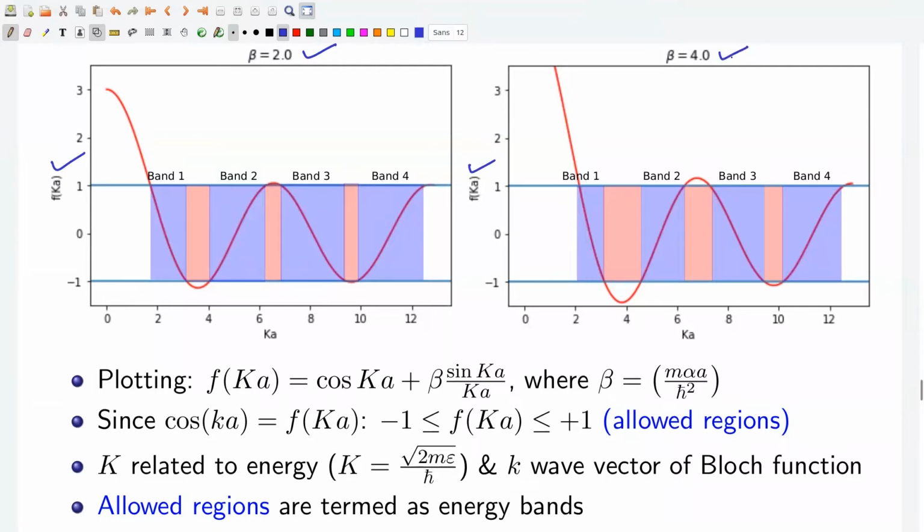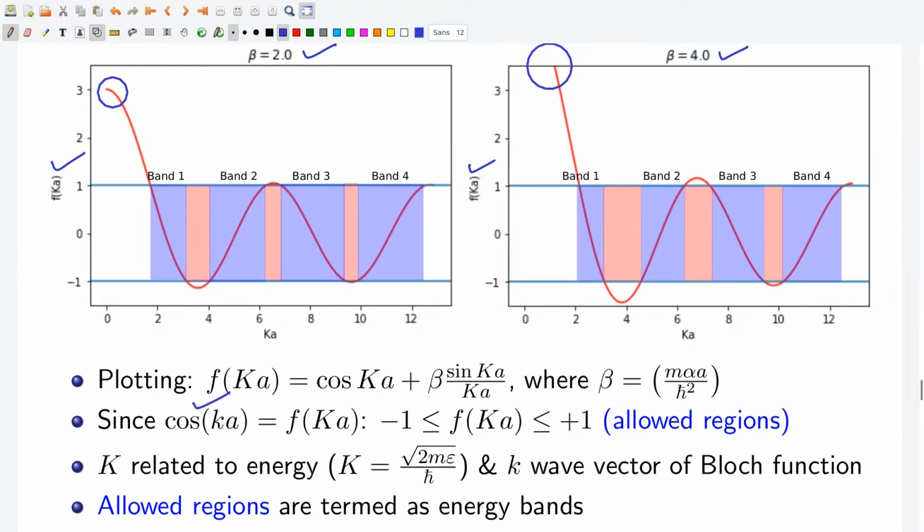On the left-hand side of the governing equation we have cos ka. Note that the f of Ka values shown by the red line in the plot have no restriction. For example, in the case of beta equal to 2, the maximum value of f of Ka is around 3. In the case of beta equal to 4, it is even higher.